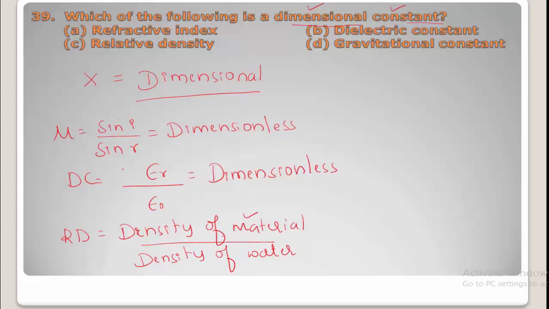So it is the ratio of similar quantities, which get cancelled. So this is also dimensionless. So all the three values are dimensionless. So these cannot be the answer. So the right answer is gravitational constant. So the gravitational constant is having the dimensional formula M L raised to minus 1 T raised to minus 3. So answer D is the right answer.